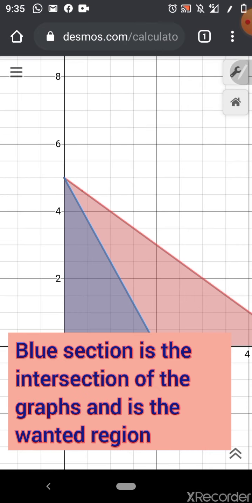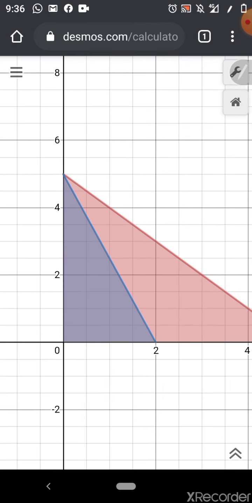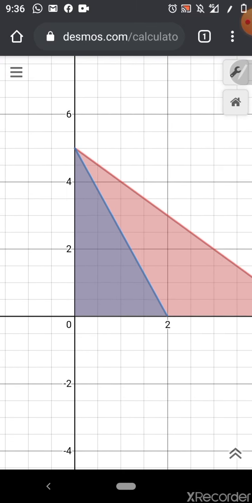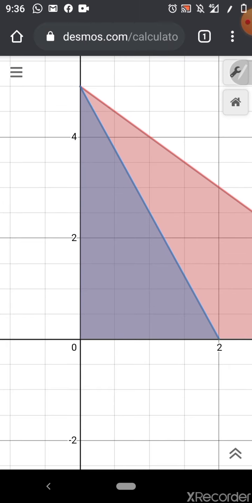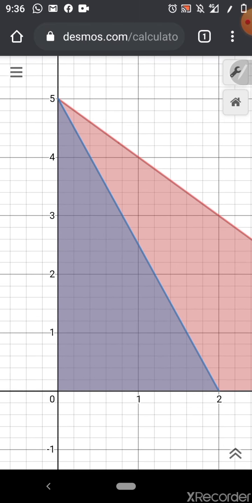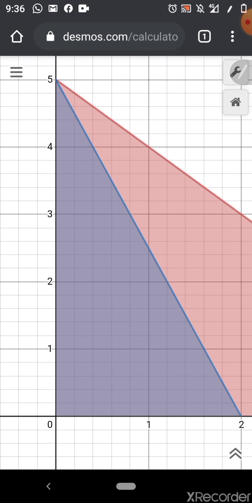This little triangle from 0 to 2 to, up there at 5. So they're intersecting in that region, and the distinctive points in that region are going to be my solutions to this optimization problem.